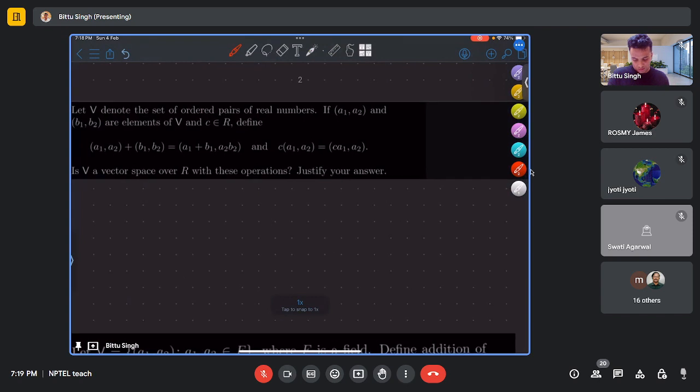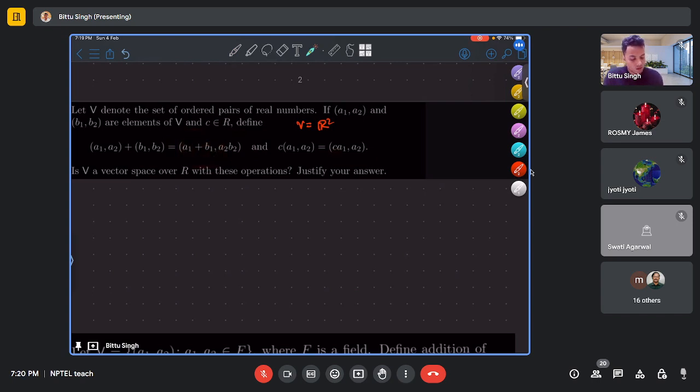Consider this question. So V is the set of ordered pairs of real numbers, that is V is same as R2. But here the addition and multiplication is not what you usually see. That is, it is not pointwise addition and pointwise multiplication.